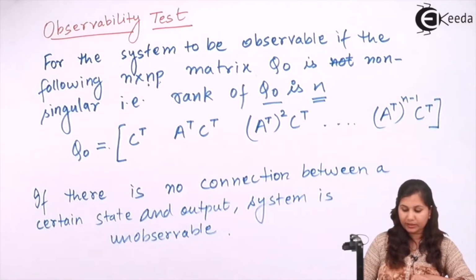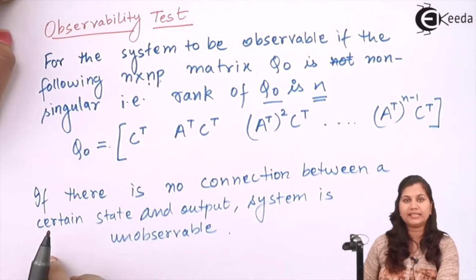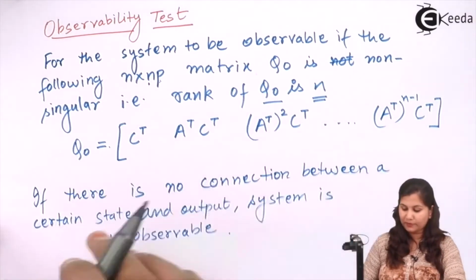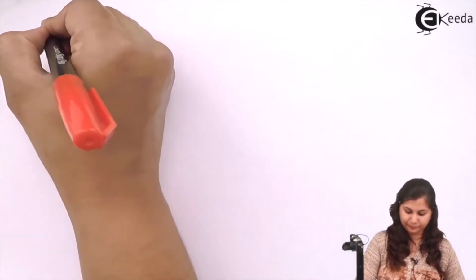Now, how can we determine the observability? Let's take an example so that you can easily understand how this observability test is done.